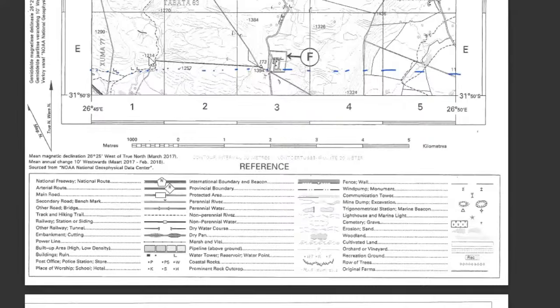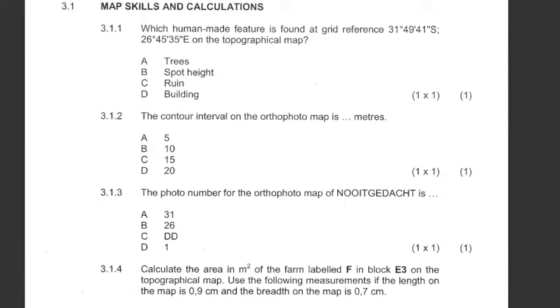So that means 30 is the half of the two, 35 is somewhere here. So when you check this and this line here, the point of intersection is going to be our feature. So which is that one? And when you check on the key, that feature buildings is this, the road is this, which clearly indicates that from our options given, obviously it can't be trees and spot height can't be. The answer is going to be C.